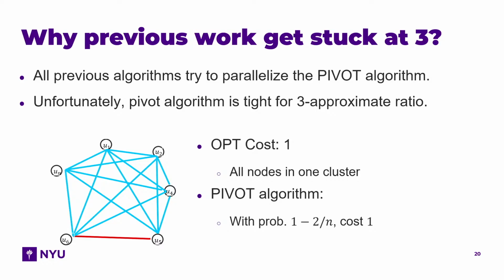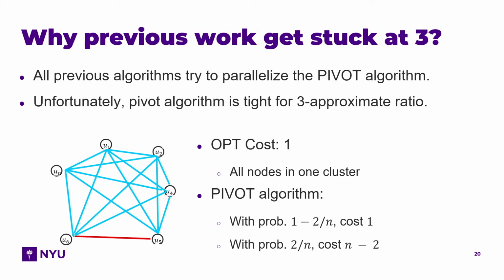But with a very tiny probability, if you are unlucky and choose one of these bottom nodes, which is 2 over n, assuming there are n nodes in the graph, the final cluster will exclude exactly one node. We exclude the other node. This will give us a cost of n minus 2.